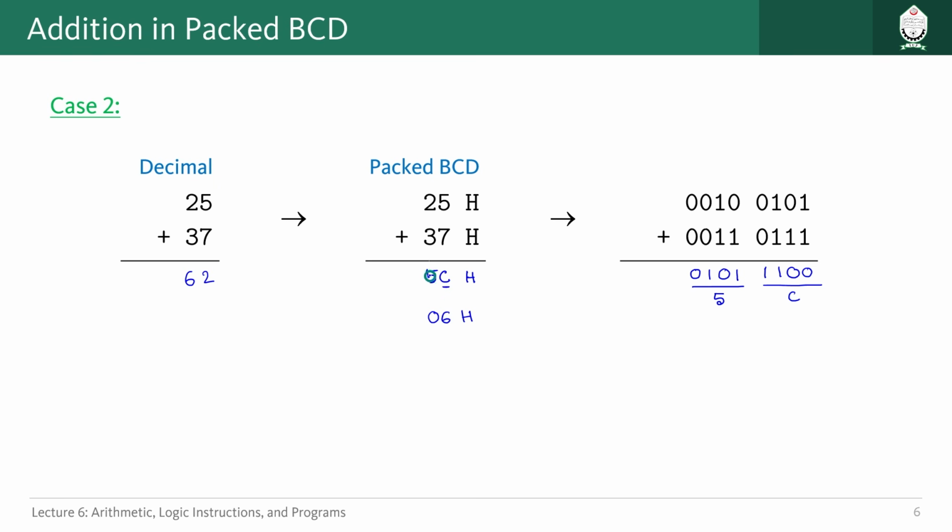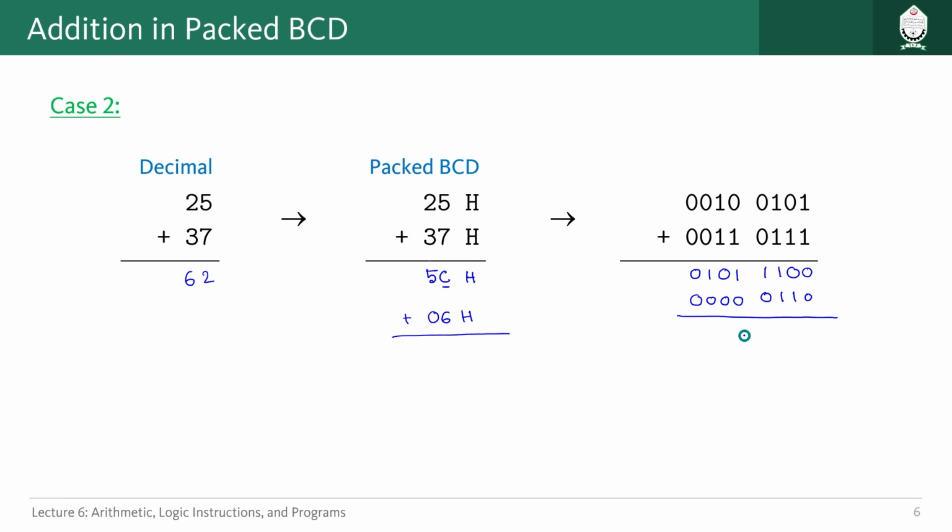If there was any error in the upper digit, we could have added 60. So in this way we are going to add a value and look at the result to see whether that solves the problem or not. So here also let us do the same thing. We are adding 06, right? So 0 0 0 0 0 1 1 0, this is 06.